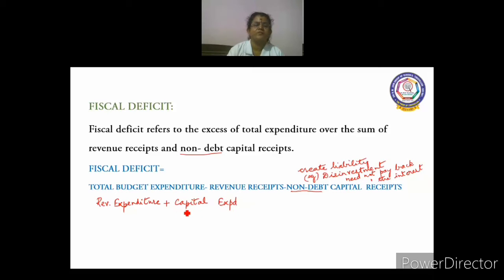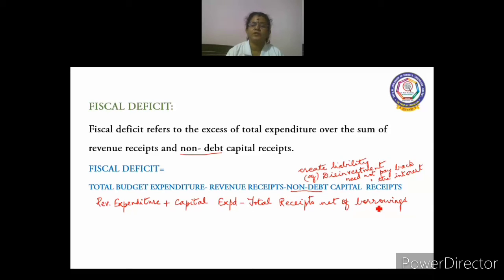Now the other formula for fiscal deficit is revenue expenditure plus capital expenditure minus total receipts net of borrowings. It means total receipts is nothing but revenue receipts and capital receipts.